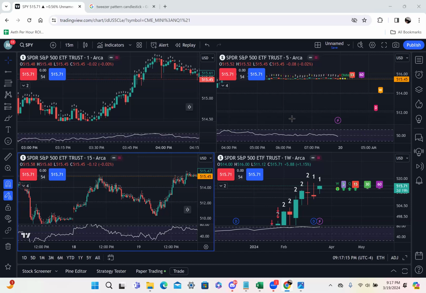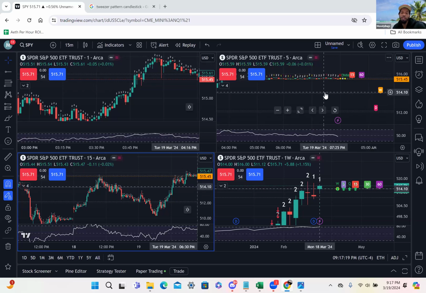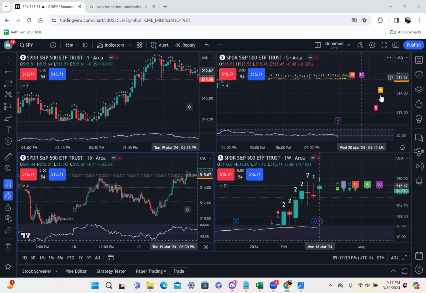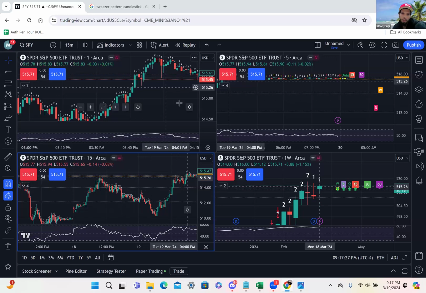You have like a 5, 15, a 3, a 30, and a 60. It's basically showing where it is. Yeah, those ones. I just wanted to highlight to people what that means. It took me a long time to figure it out, but that's the opening candle. Yeah, absolutely.